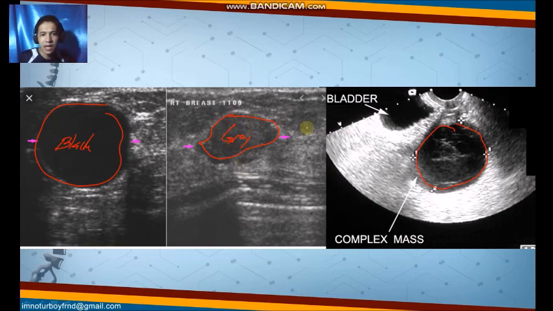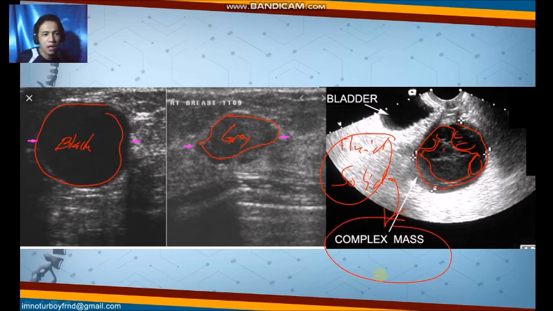While in the complex mass, there is a combination of fluid contents and some parts with solid contents. So both of them are in one mass, and that is the basic description of a complex mass. For example, an abscess with dead particles is a complex mass.